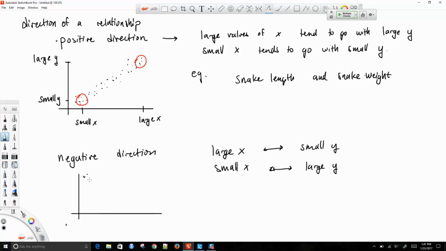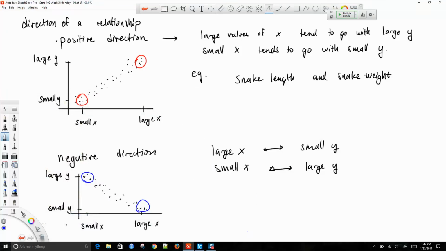So if we look at this, the small x tends to be associated with the large y, large x goes with small y. So this would be the negative direction there.